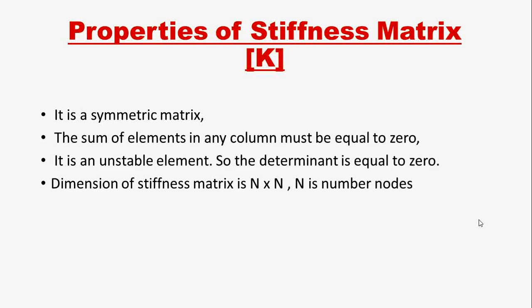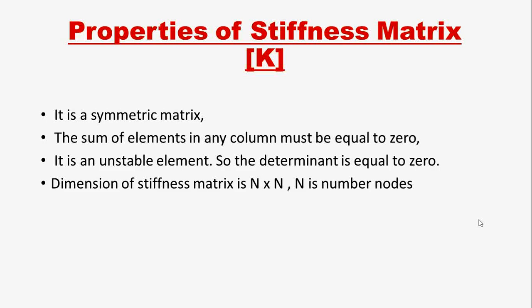If you think of a structure which has multiple degrees of freedom, then you will have many stiffness terms associated with these degrees of freedom. In finite element analysis, these are written in matrix form, which is called the stiffness matrix. Upon assembling a stiffness matrix, as we have already discussed, the matrix is symmetric.